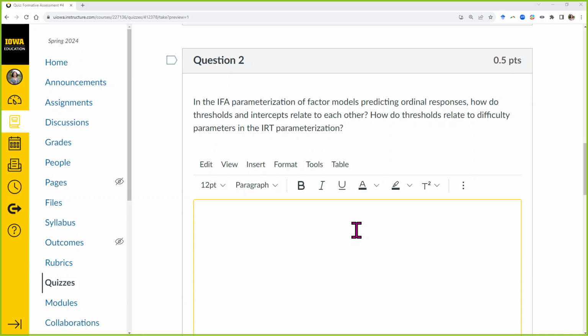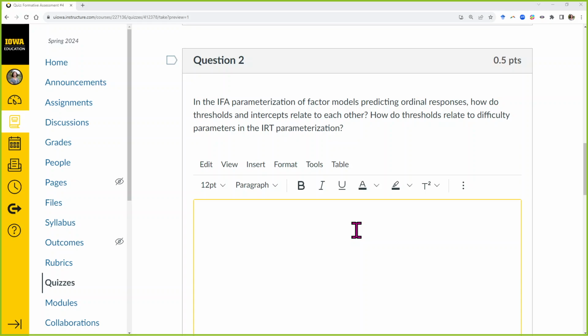Yes, because high values in terms of thresholds mean that the probability of responding 0 is higher than the probability of responding 1. But that's true in the case of binary variables. So we saw that for binary models, when we had just two responses, thresholds were the expected probability of responding 0 instead of 1 when the latent trait, or ability, was 0, right?